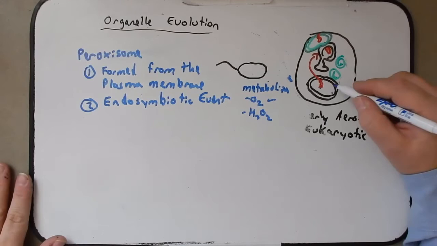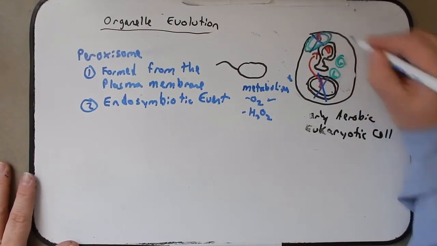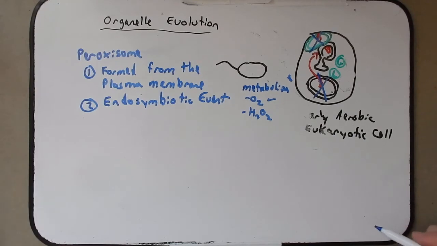And the idea is that this would have predated mitochondrial endosymbiosis or chloroplast endosymbiosis, at a time when the oxygen concentrations were slowly rising and becoming toxic to these early eukaryotic cells.